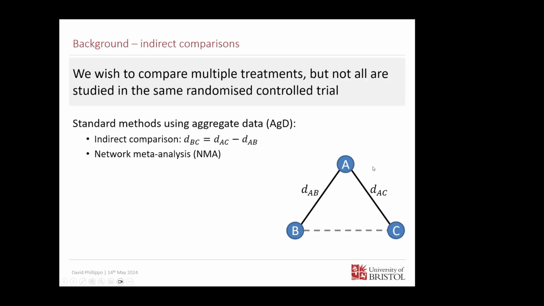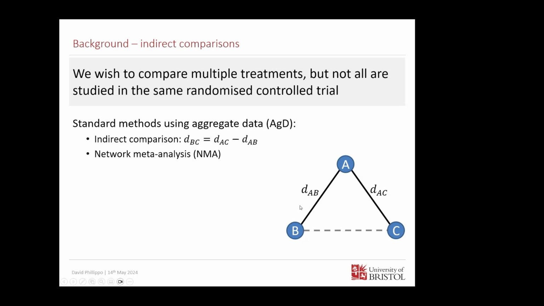There we go. Yeah, so a common scenario that we often find ourselves in is one where we wish to compare multiple treatments, but not all have been studied in the same randomized controlled trial. There are some standard methods which are well known in this scenario, where you have aggregate data from say two studies, a study comparing treatments A and B and a study comparing treatments A and C. And you have information on the relative effects from each of these two randomized controlled trials.